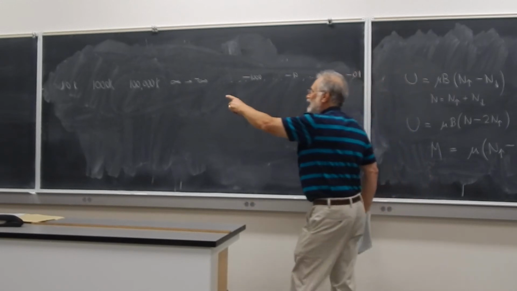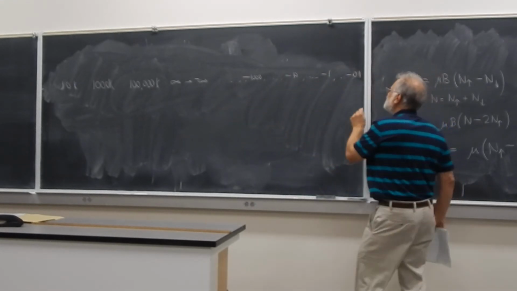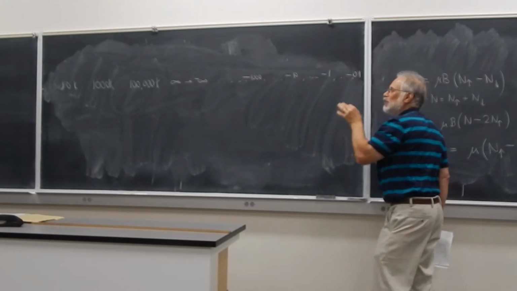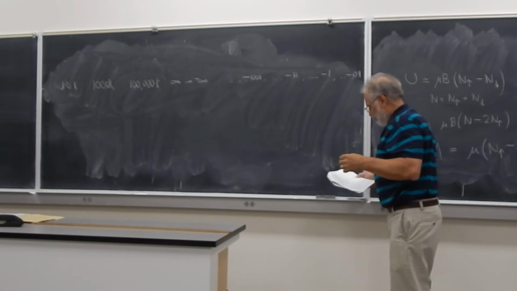All along this line, it's getting hotter and hotter and hotter. So the hottest you can be is to be just slightly below absolute 0 in terms of a negative Kelvin.